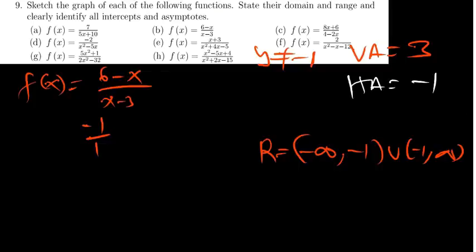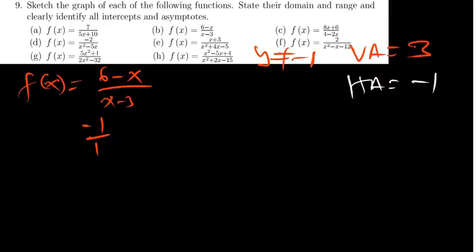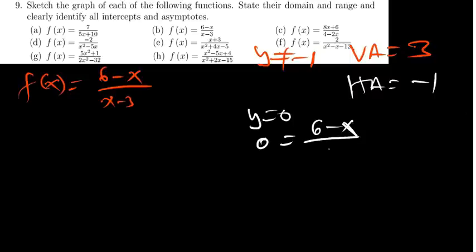As simple as that. Now I have to find the intercepts for me to sketch this. So I'm going to say, to find the x-intercept, y has to be equal to 0. So it's going to be 0 is equal to 6 minus x over x minus 3.